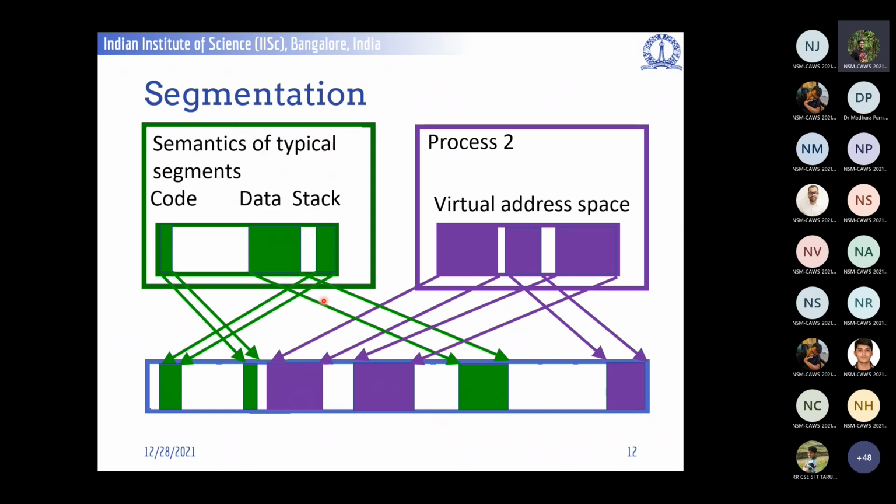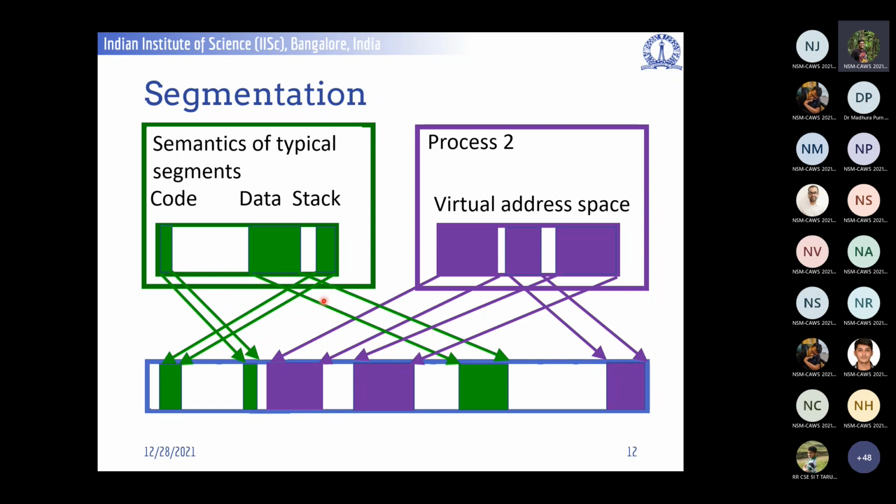Typically, segments are associated with the semantics of what that region of the virtual address space is used for. So one segment can be for keeping the code, another segment for the stack, another segment for the data. This is related to the typical semantics of the memory regions that an application would use. But fundamentally, each of them is nothing but a base and bound register.